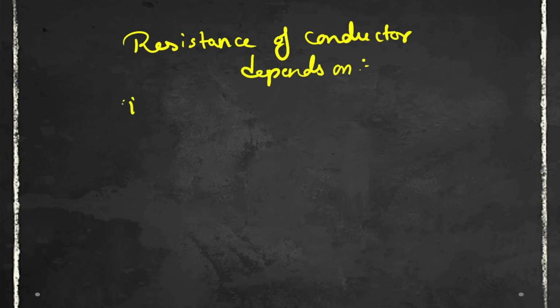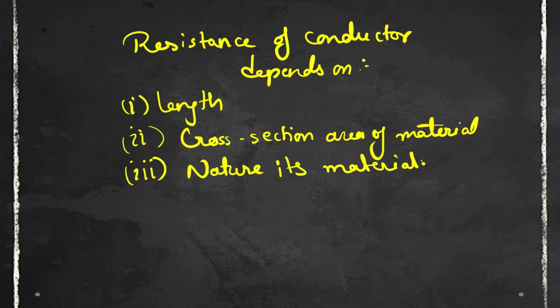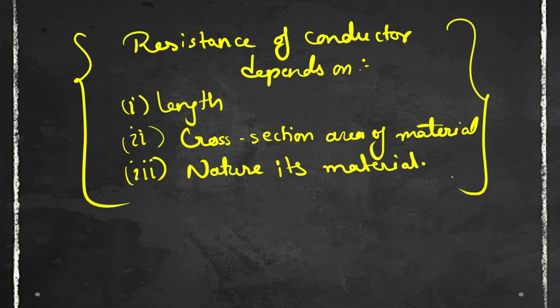The resistance of a conductor depends on, first, length; second, cross section area of the material; and third, the nature of the material or the type of material which we are using. These three things are the most important: the resistance of a conductor depends on length, cross section area, and nature of its material.